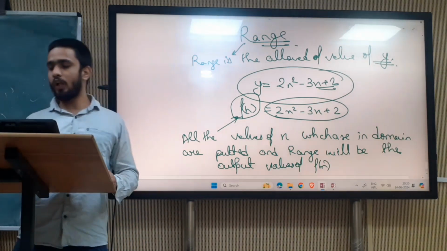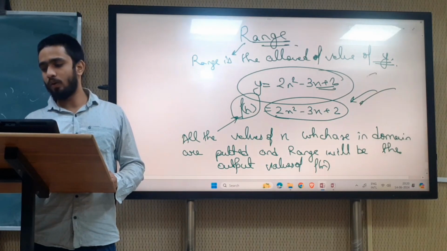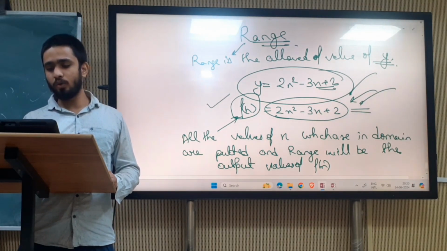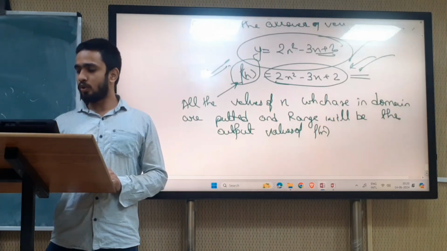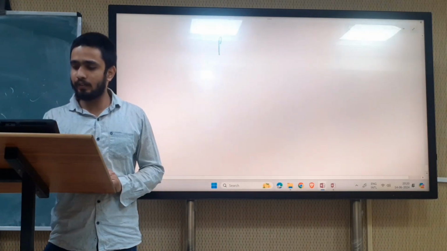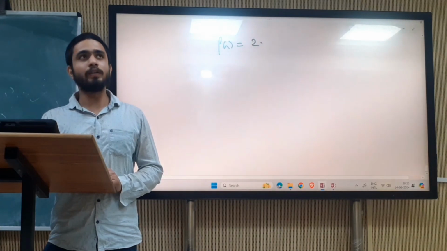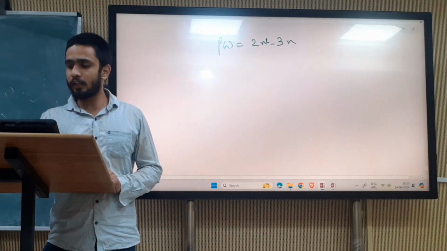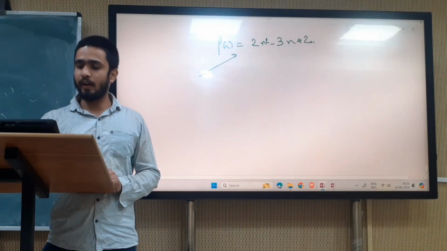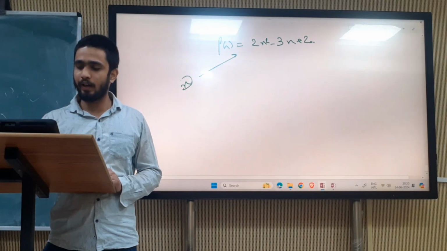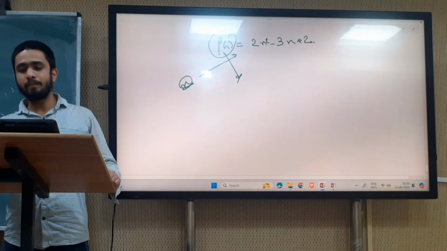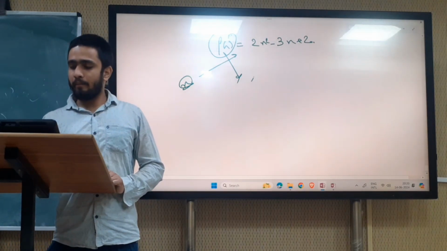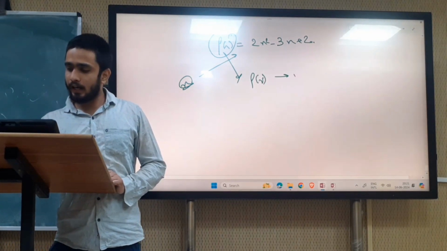We will put all the values from the domain, and whatever values of f(x) come, that will be the range. Suppose f(x) is 2x square minus 3x plus 2. All real values of x we will put, and whatever values of f(x) come, that will be the range.